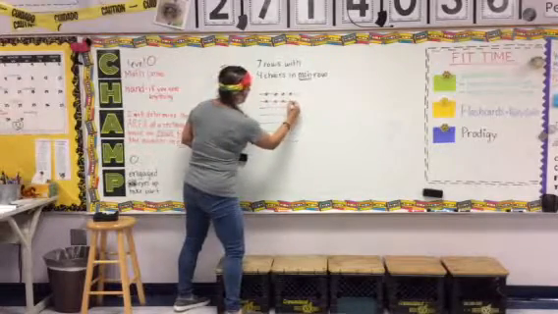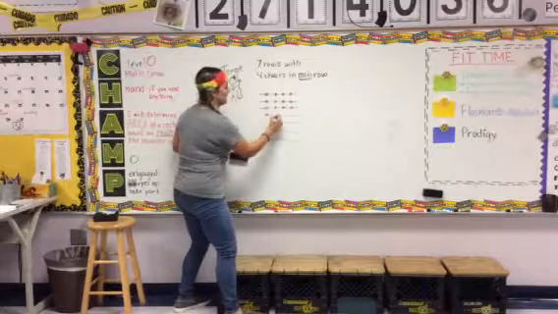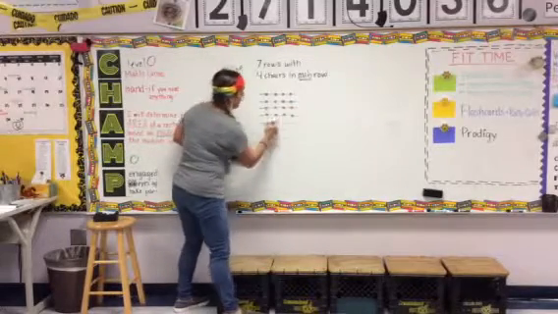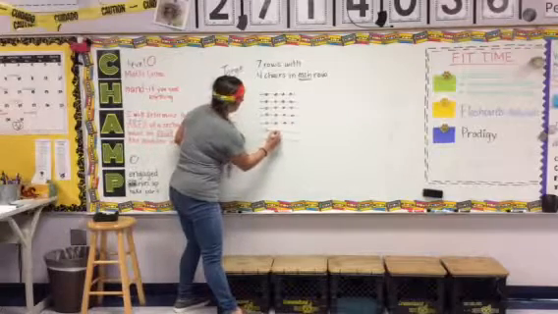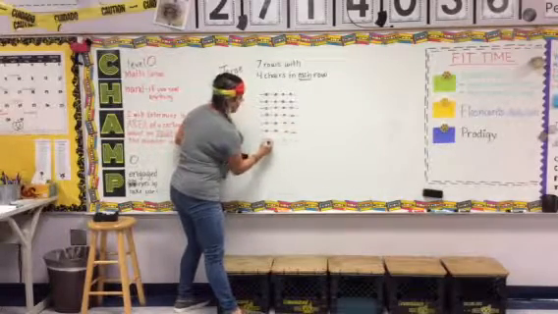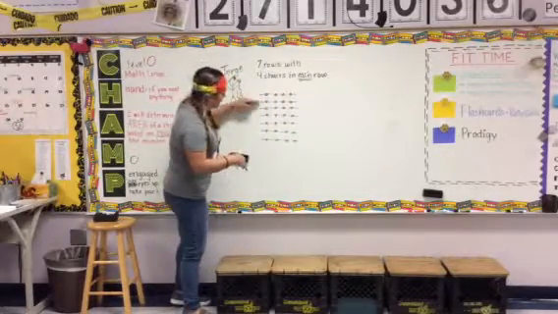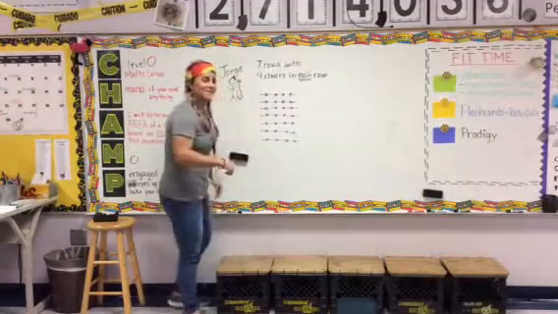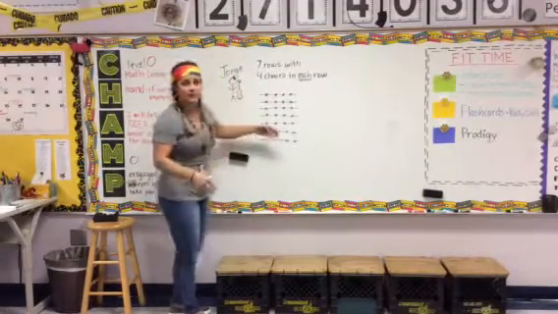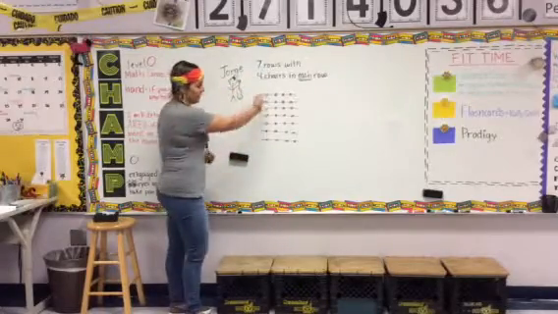But for this, since I don't have a lot of time, every time, 4 chairs on each row. So 4, 4, 4, 4, 4, 4, 4. Sounds like I'm cheering. But it's that repeated addition every time. Every row's the same. Everything's lined up.